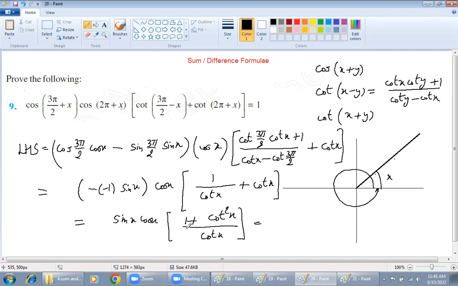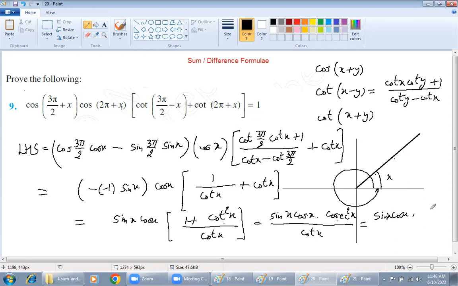Now remember the identity, 1 plus cot square x is cosec square x. So this is sin x cos x multiplied by cosec square x divided by cot x. Let us change cot as well as cosec x into sin and cos. So sin x into cos x.